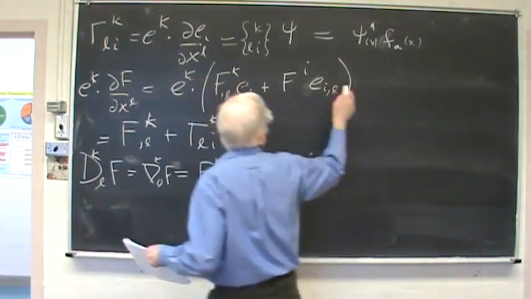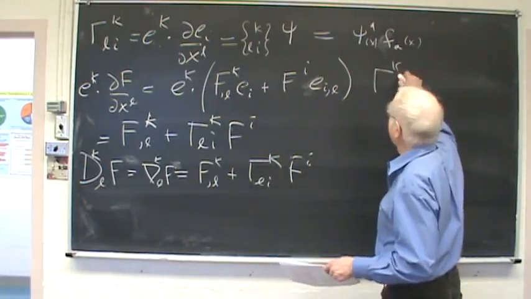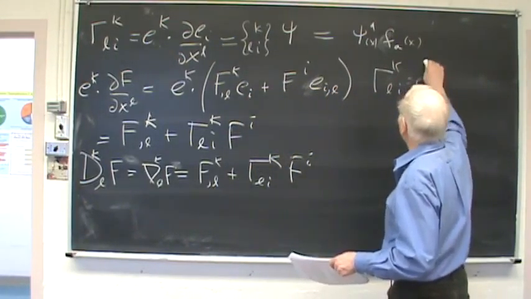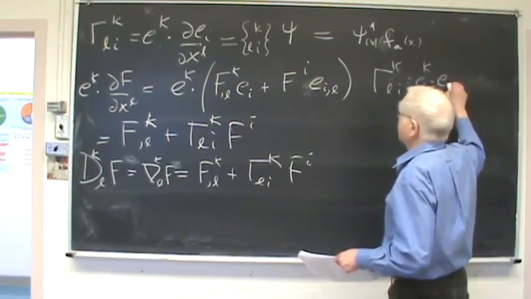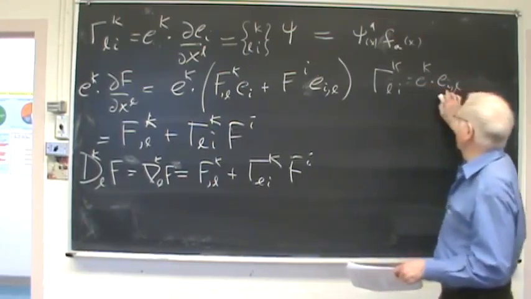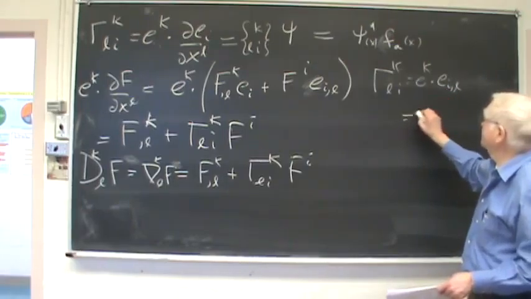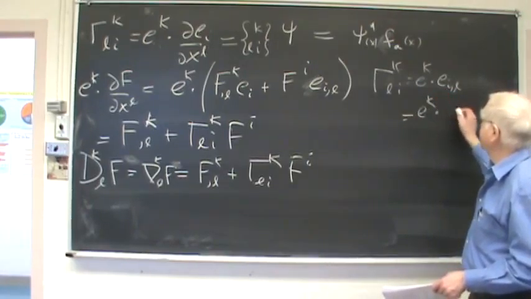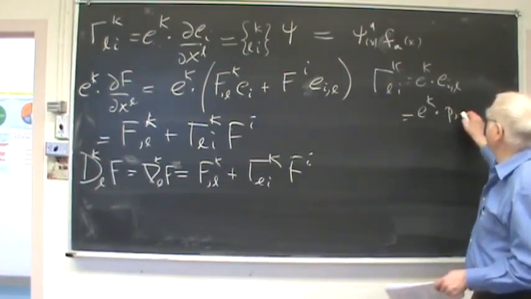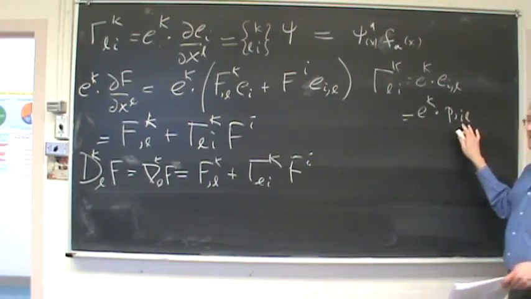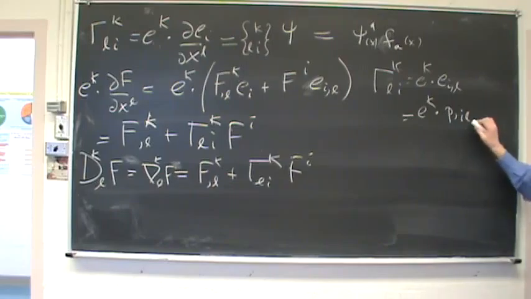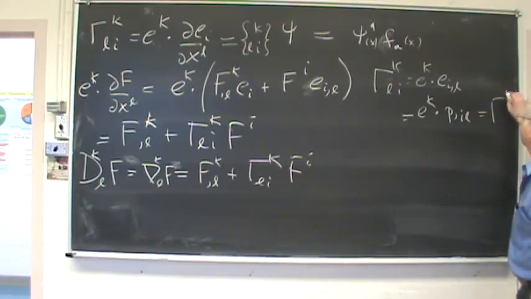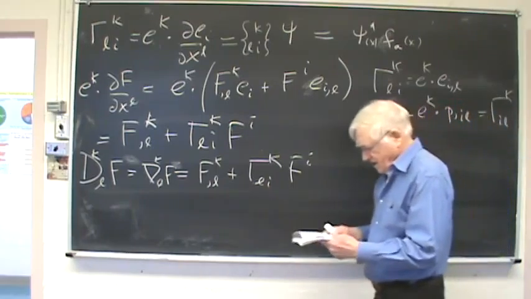This thing here, of course, gamma k Li being ek dot ei comma L. Well, ei is p comma L, so this is ek dotted into p comma il, but the double partial derivative is symmetric in the two indices, and so this is the same thing as gamma k il.